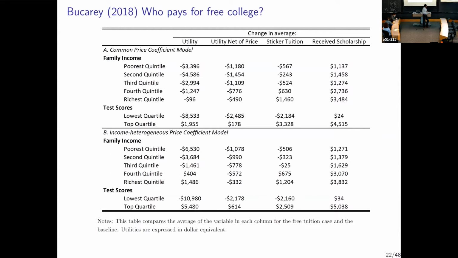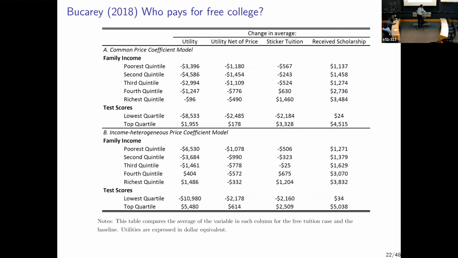What you can see here is the change in overall utility from going from positive tuition to 0 tuition. And what you see is that the poorest individuals lose in terms of utility, and the rich individuals win in terms of utility. So you say gain. So you say, how come?